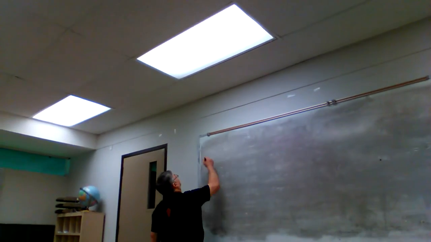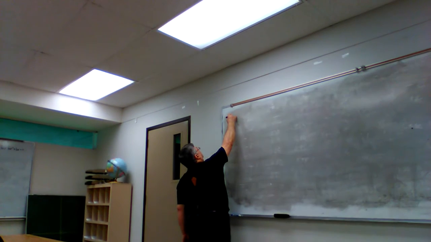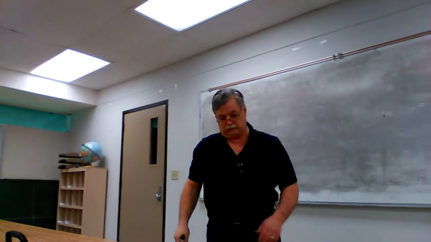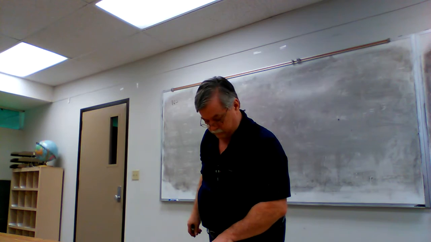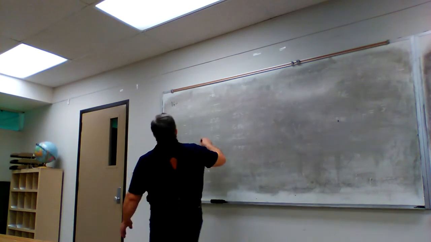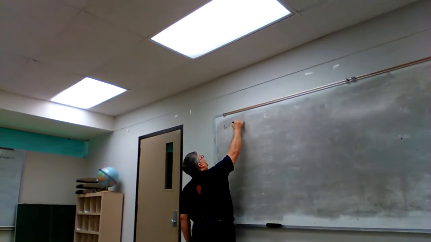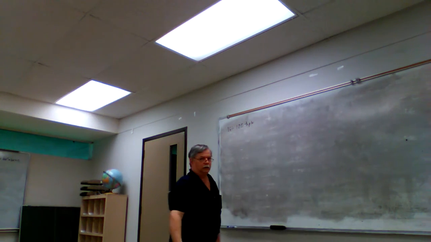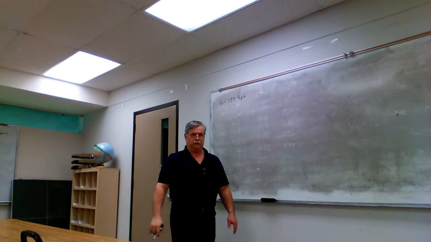All right, so the velocity of the train is, what was that, 150 kilometers per hour? 120. All right, let's start by converting that to meters per second.